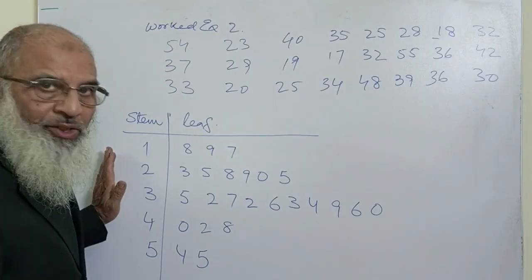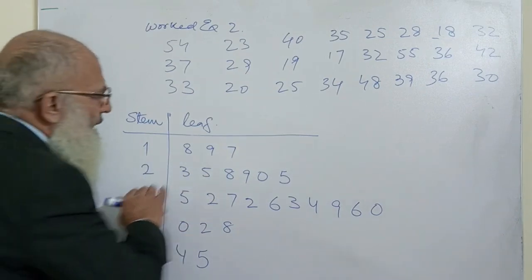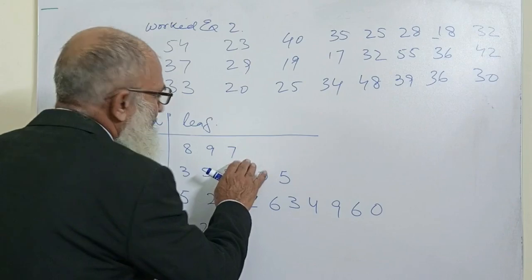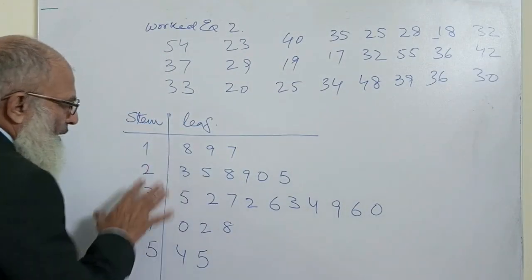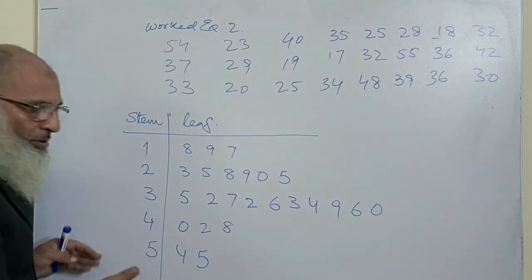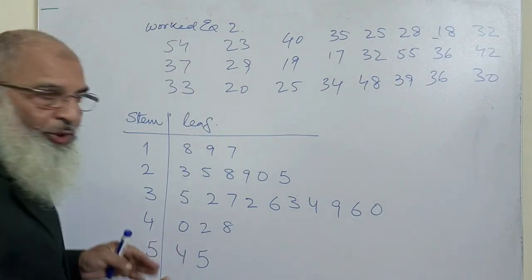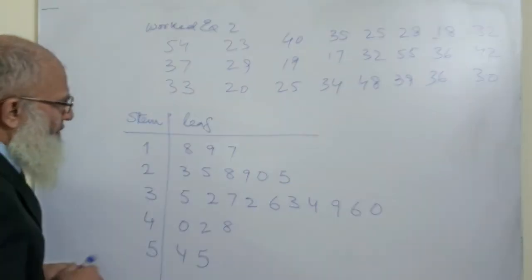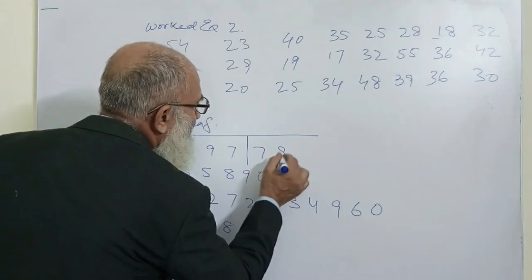We can rearrange this in the ascending order also. You know that the space is lesser over here, so I am going to compensate the next part in the same space. Now this can be written as 7, 8, 9.